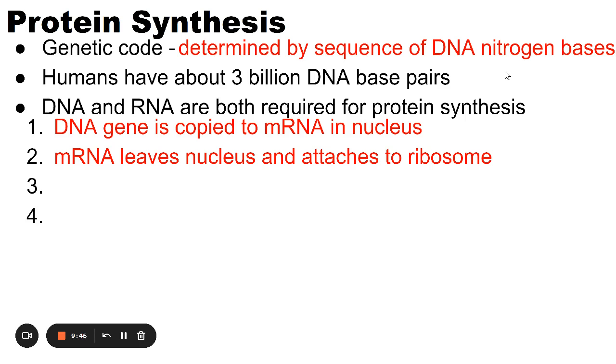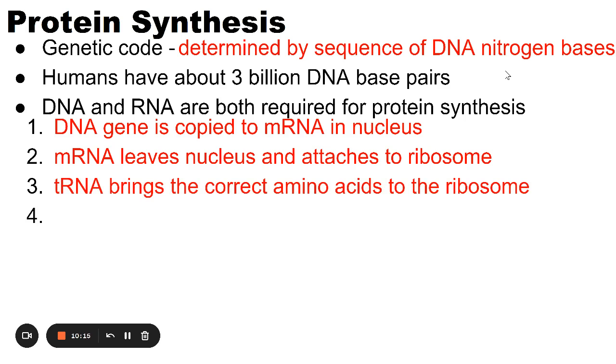Which cell part is actually responsible for making proteins? We learned back when we studied cells. What's the name of the cell structure that makes proteins? Ribosomes. Remember ribs, protein, ribosomes? So the messenger RNA that was just copied in the nucleus goes out of the nucleus and finds the ribosome.